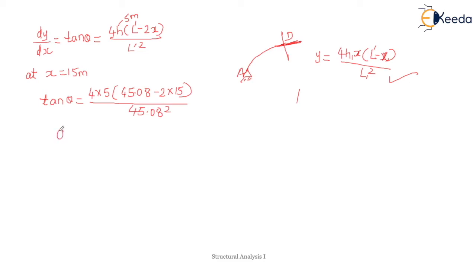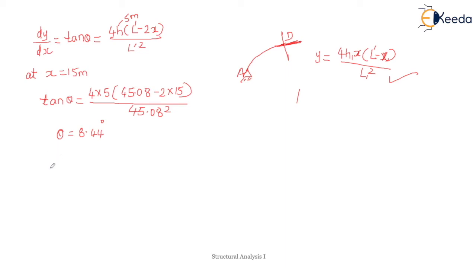When you solve this you will get 8.44 degree. Once you get theta, you simply use the equations for normal thrust and radial shear, and then you will arrive at your final answers.